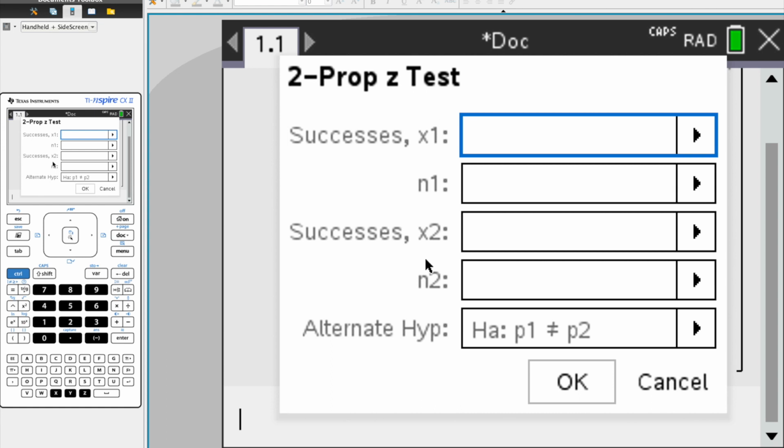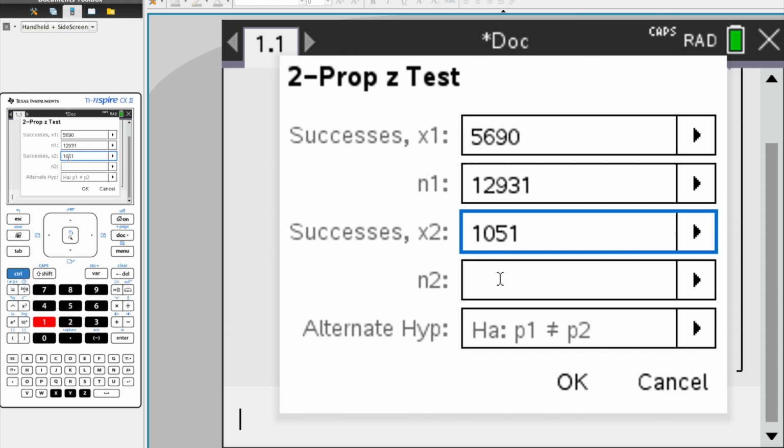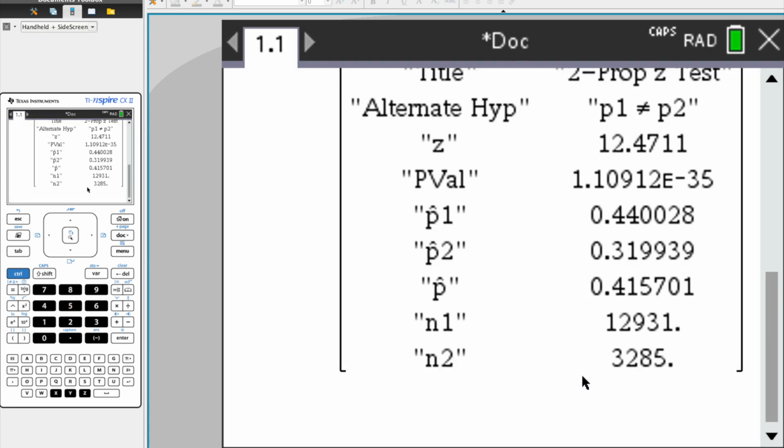So X1 is 5690 for males, and the sample size was 12,931 for males. The success for females was 1051. Sample size was 3285. Our alternate hypothesis is they are not equal, and then I hit OK. And now let's see. I get my exact same z-score.